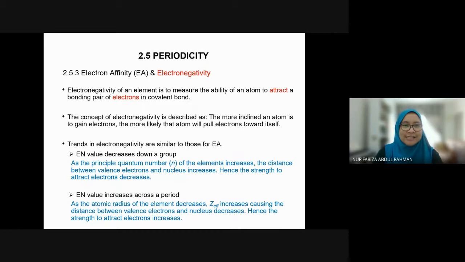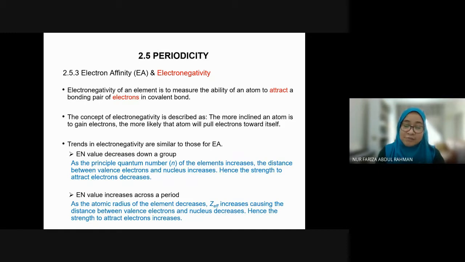Banyak anomalies dekat situ. Okay, alright. So what we want is to introduce to you the periodicity, the trend in the periodic table, the variation in size, electron affinity, ionization energy, and so on. Okay, yang tu kita punya target. But with few anomalies, just to highlight the few anomalies because not everything pun follow trend.